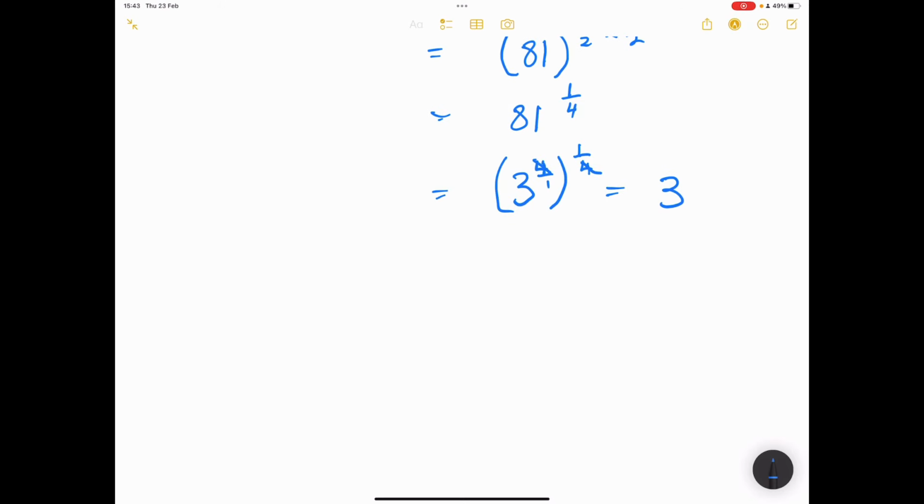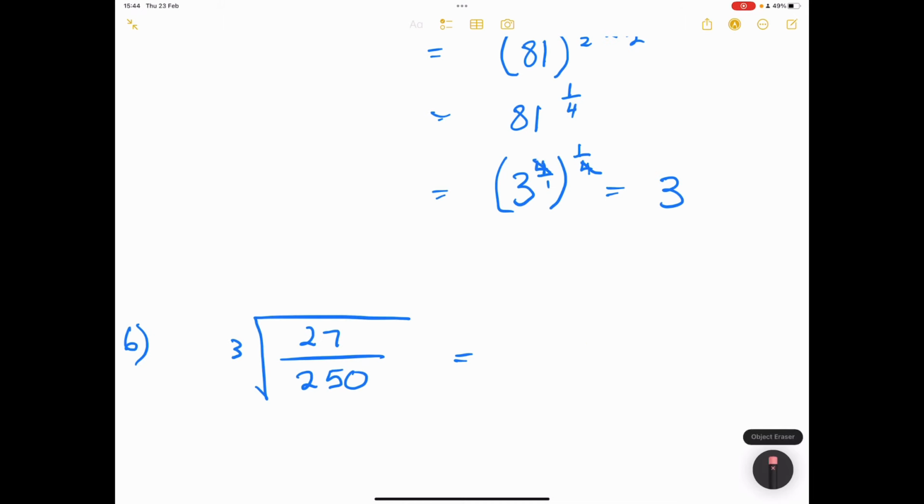So let's take another one. What if I write the cube root of 27 over 250? How can I write this in the simplest surd form?